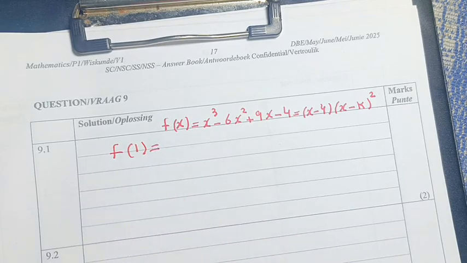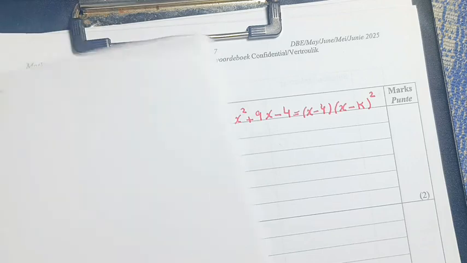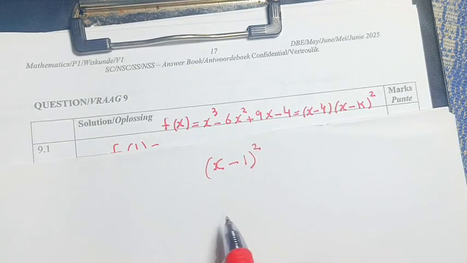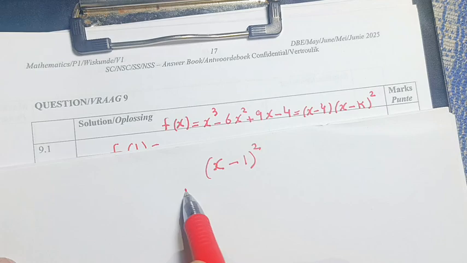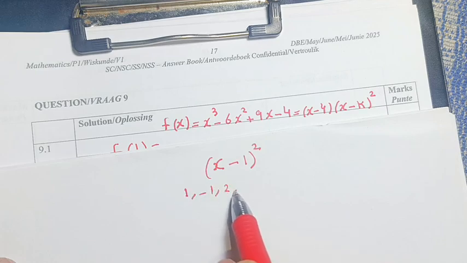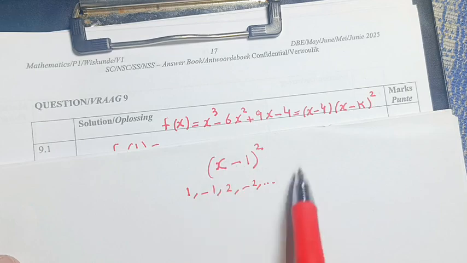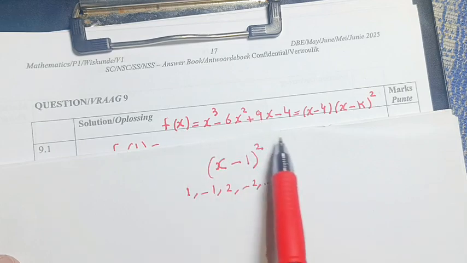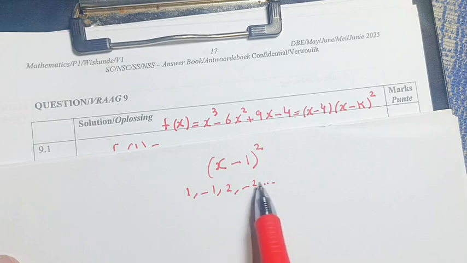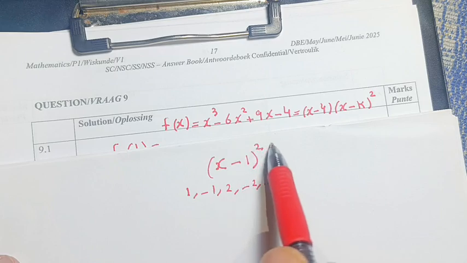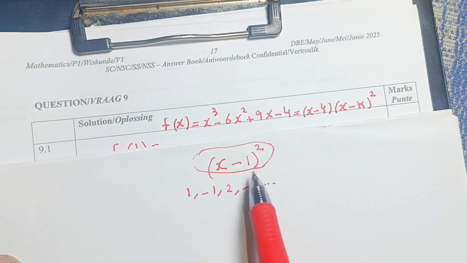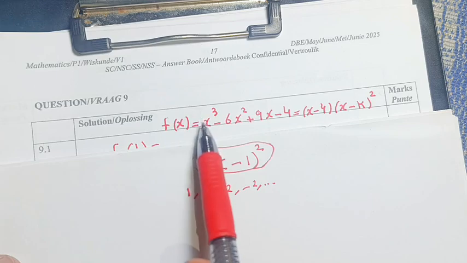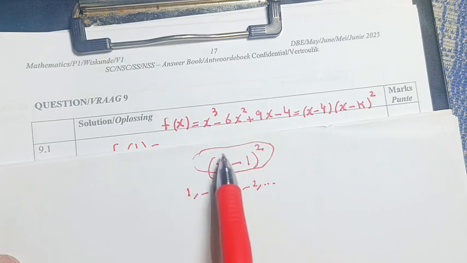Normally we need to try positive 1, negative 1, positive 2, negative 2, etc. We substitute all of these into this function, and if the answer comes equal to 0, then we say that is a factor. But now he already gave us that (x − 1), which means positive 1, is a factor, so we just need to substitute to show that.